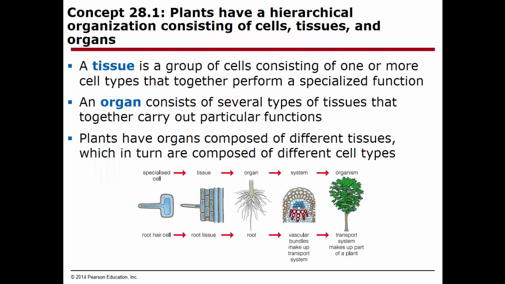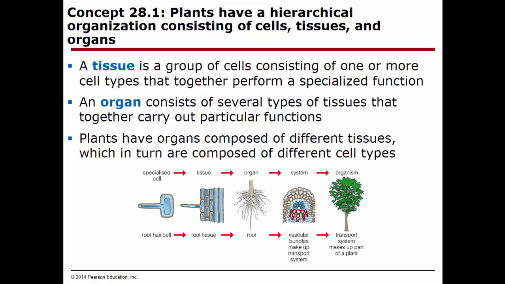It's important to understand the hierarchical classification of cells, tissues, organs, and organ systems inside of a plant. It's especially important to learn this material since it will be applicable not only to Unit 2, but to Unit 3 as well.